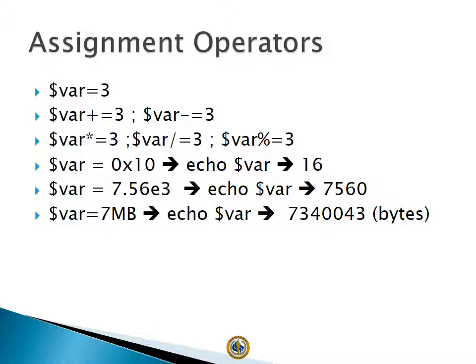We also have $VAR = 0x10, echo $VAR, which gives 16. $VAR = 7.56E3, echo $VAR, which gives 7560. $VAR = 7MB, echo $VAR, which gives 7340032 bytes.